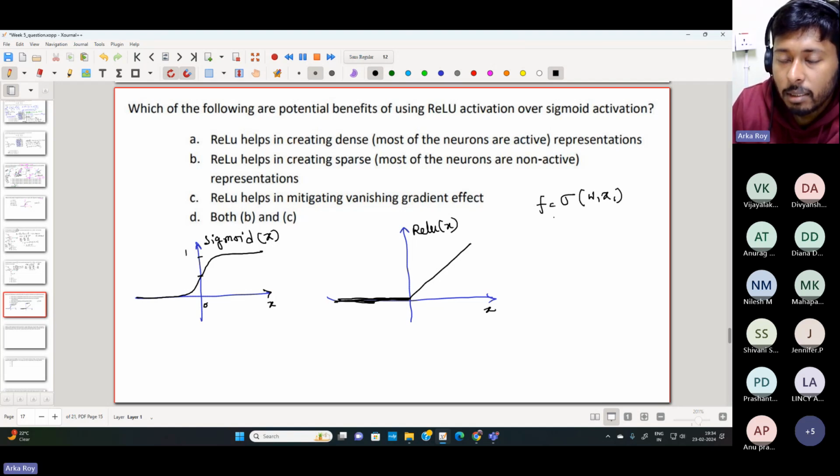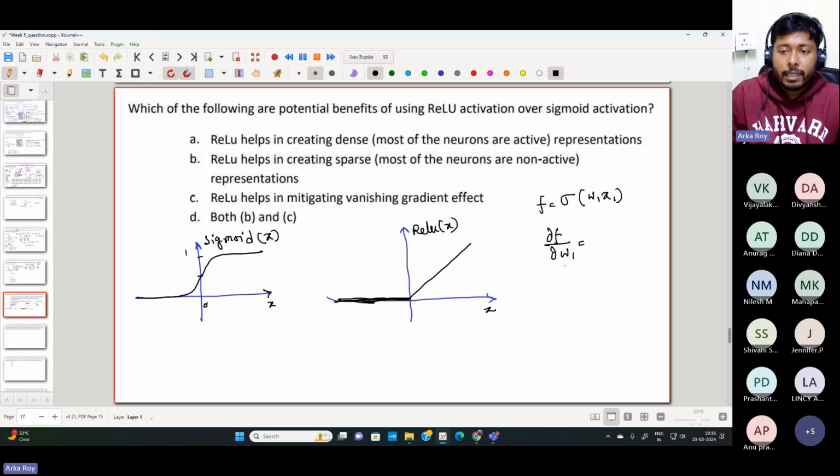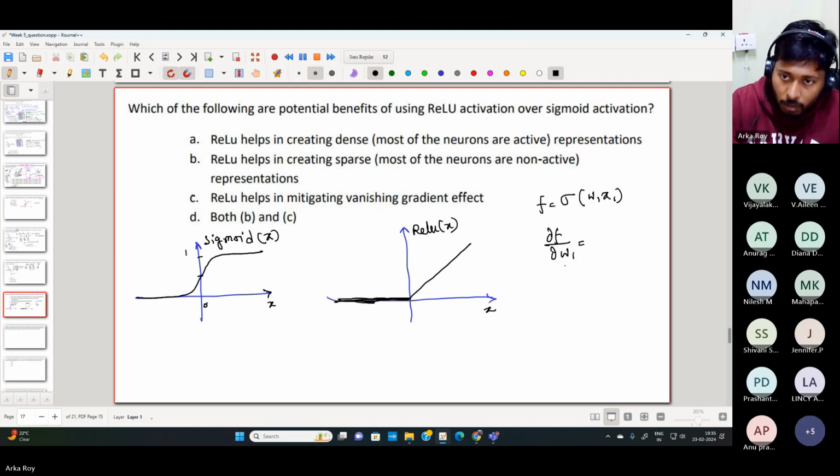Let us call this f, and you need to take the derivative with respect to w1. Can anyone tell me what will be the final answer for this particular derivative? Sigmoid into 1 minus sigmoid. Yeah, sigmoid into 1 minus sigmoid.